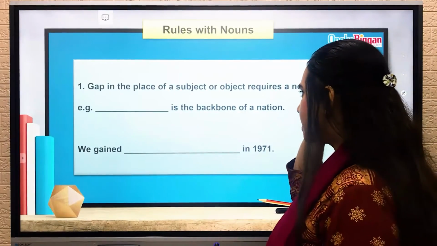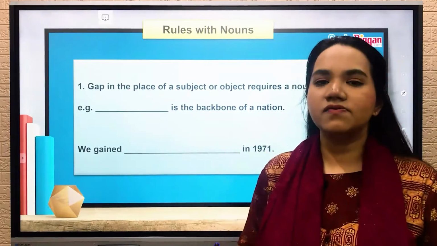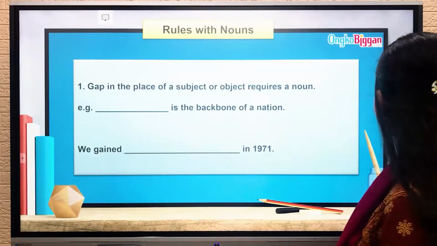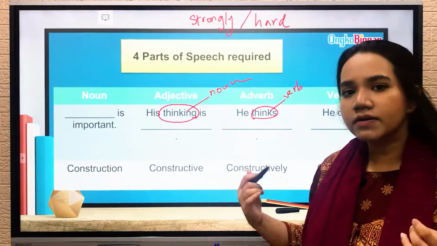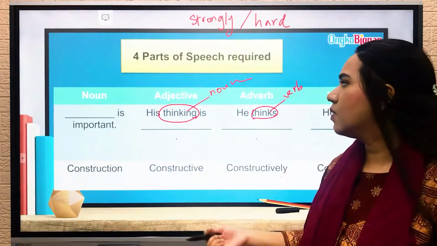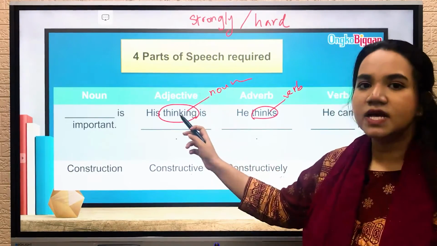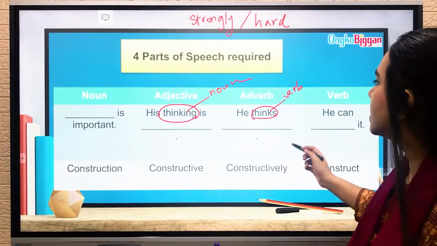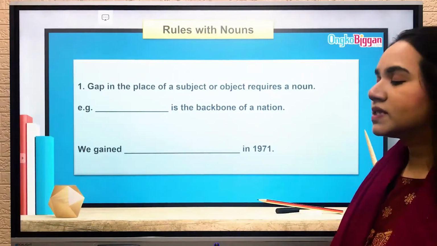Now, in details, in today's class, we will be learning the rules that we have for nouns. Like in the previous slide, we saw that there are 4 parts of speech that are required to put in these blanks. So, in this class, we will be learning the rules with nouns and adjectives. And in another video, we will be learning the rules with adverb and verb. So, rules with nouns.